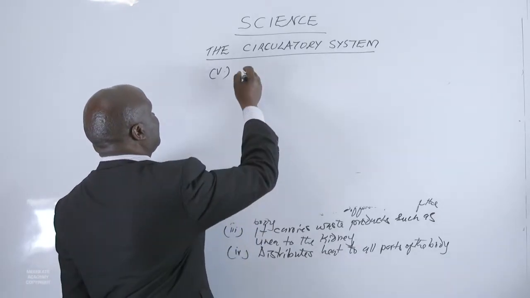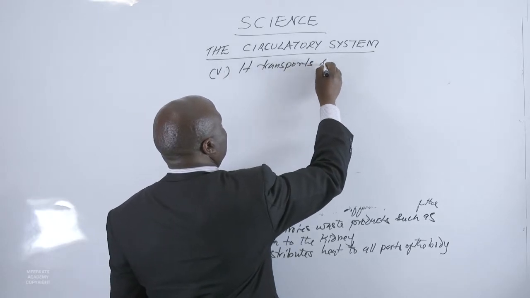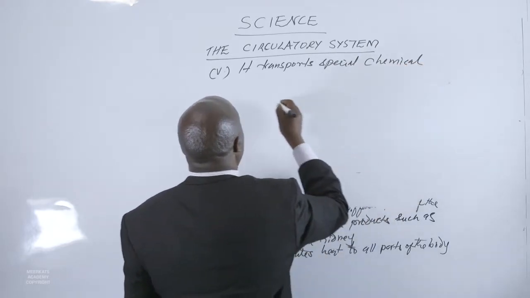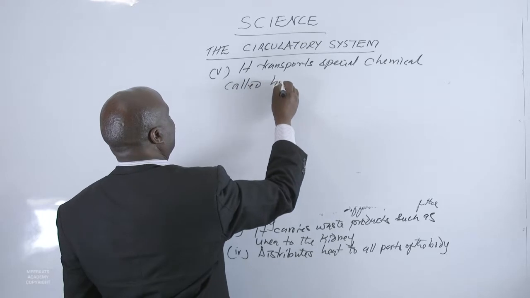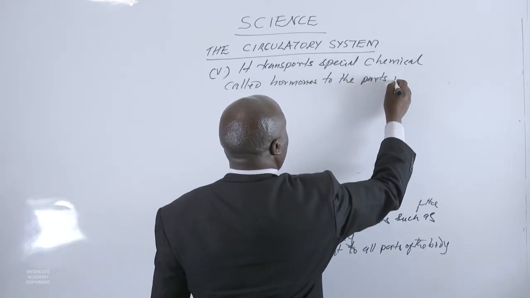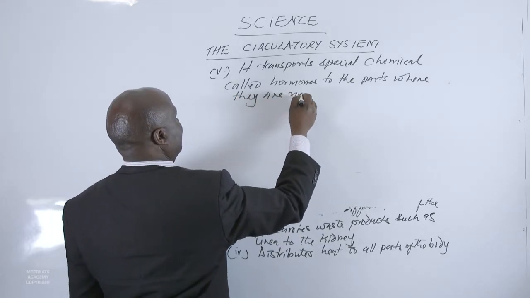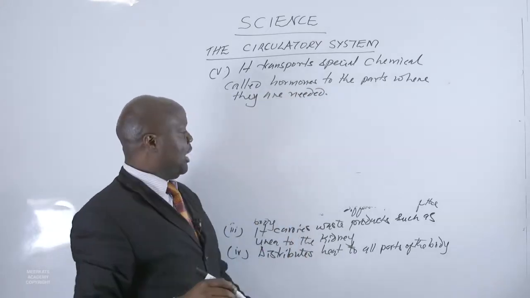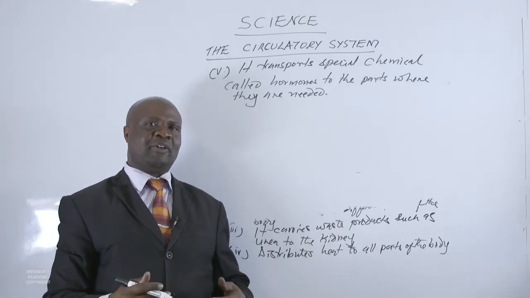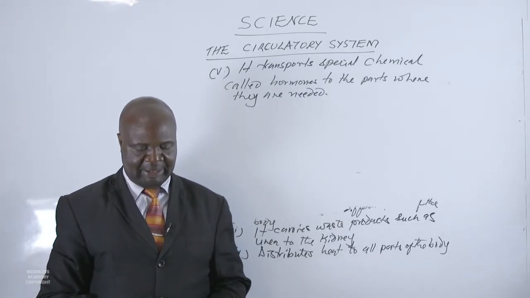So apart from the 4 functions you have seen, plasma is also responsible for transporting the different hormones that are produced by the different glands in our body to the areas where they are needed.